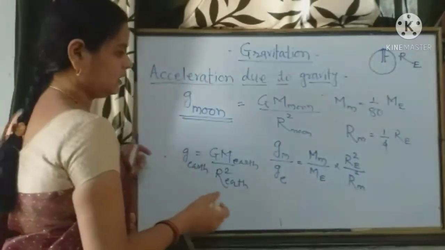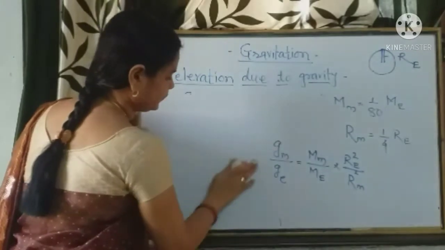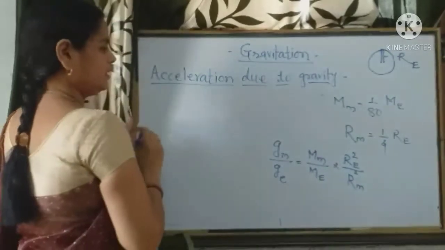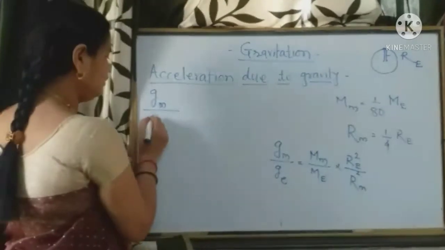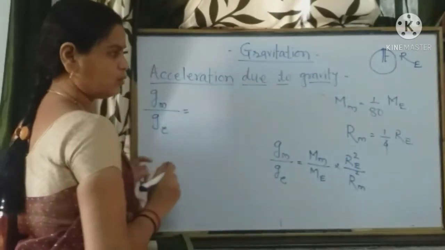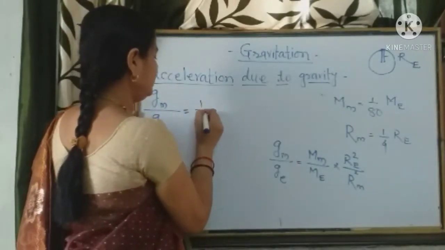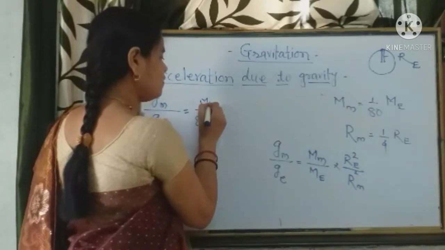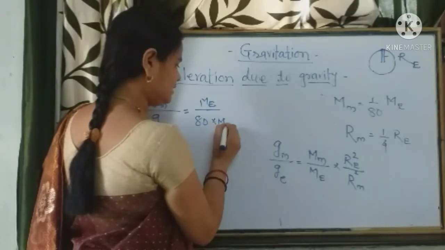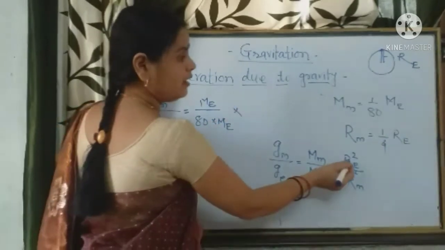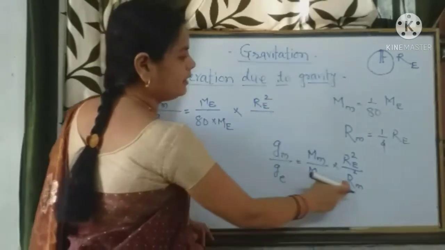Now see here, put the values. g for moon divided by g for Earth is equal to, the mass of moon is 1 by 80 times the mass of Earth, divided by the mass of Earth as it is, multiplied by the radius of Earth square divided by the radius of moon square.